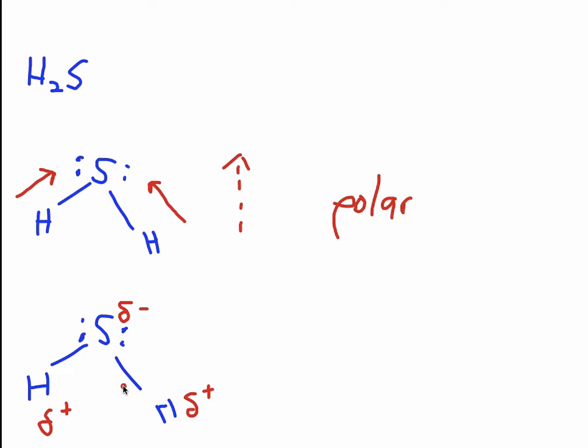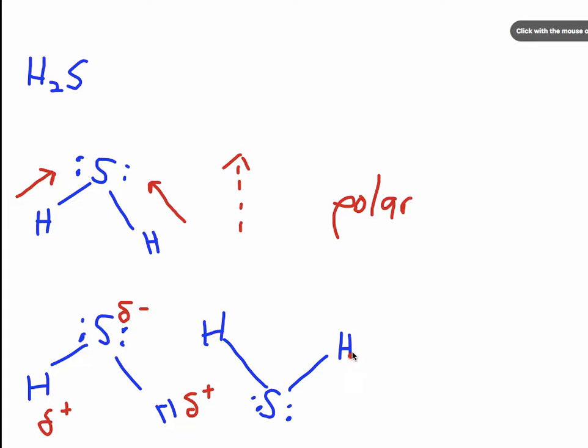Okay? So what will that intermolecular force or interaction diagram look like? We call it an IMF diagram. Well, that IMF diagram is going to bring together the partially positives and the partially negatives here. So down here, you're going to have the S. And up here, you're going to have the H. We're going to have our lone pairs.